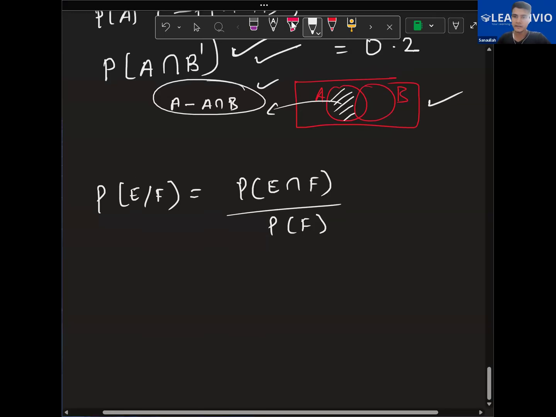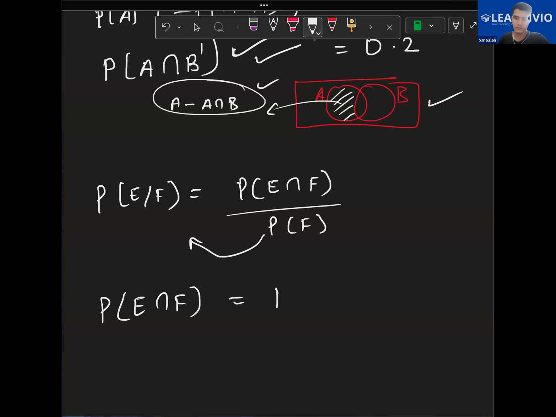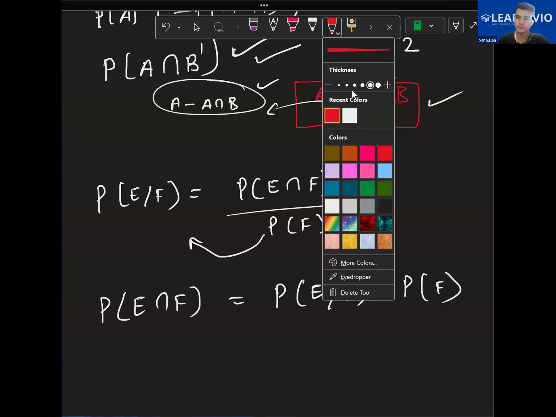So when you write this, you take this to the LHS, and we get the intersection probability, P(E intersection F). So this will give you the probability of E intersection F equals P(E|F) into the probability of F. So this is basically the multiplication theorem of probability.